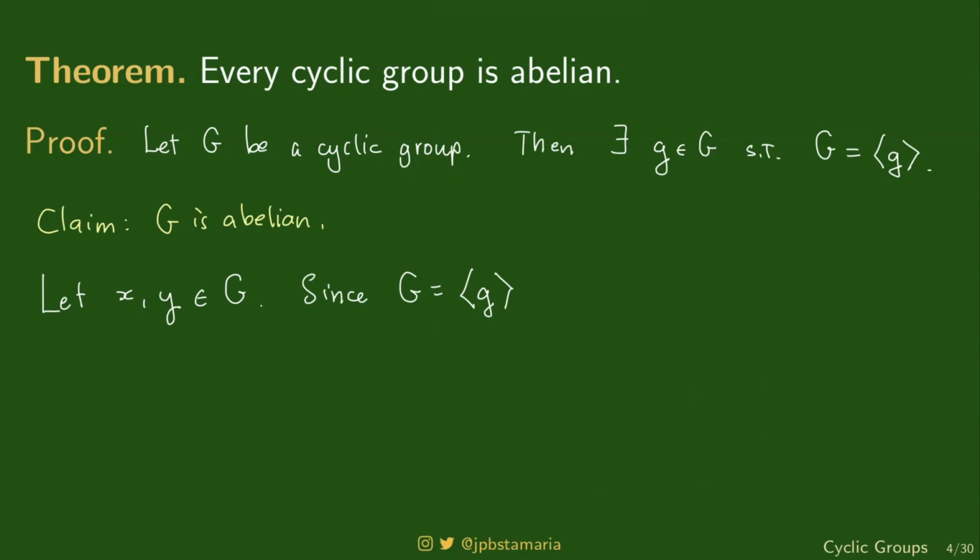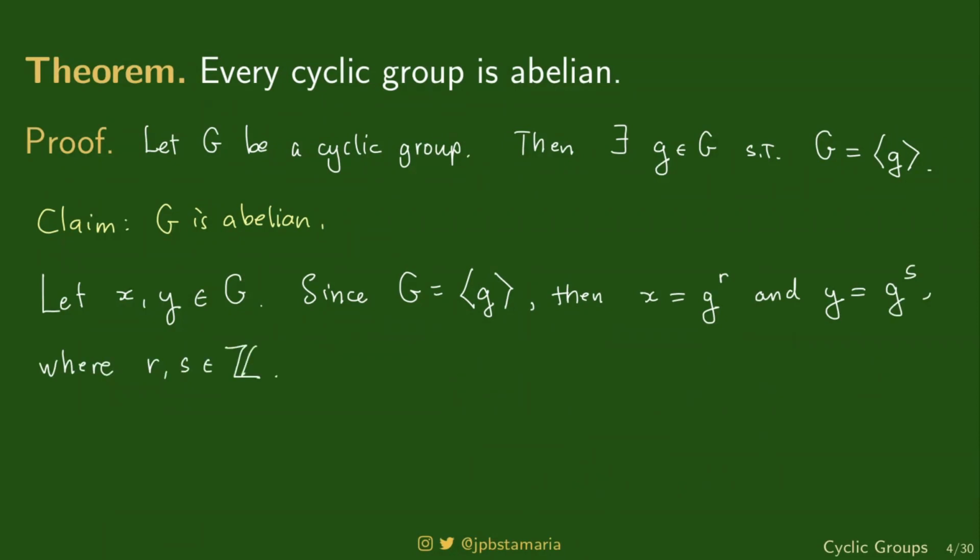And that includes x and y. So in other words, I can write x as g to the r, and y as g to the s, where r and s are some integers.